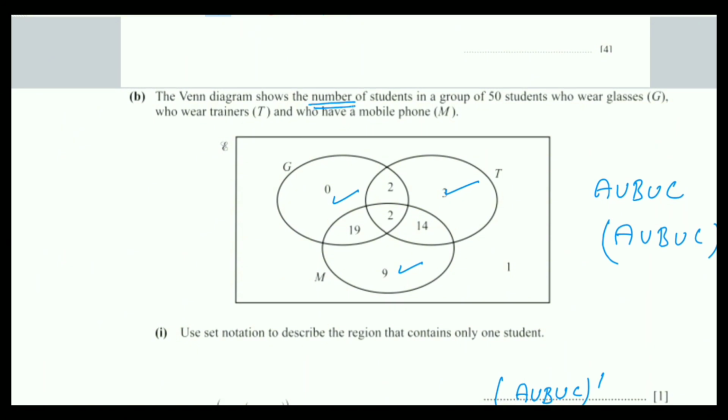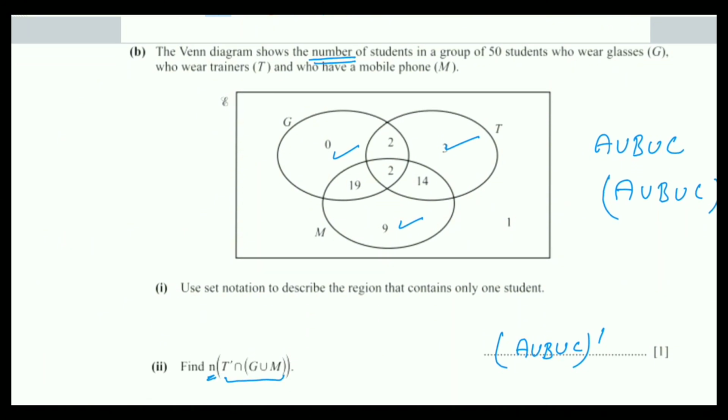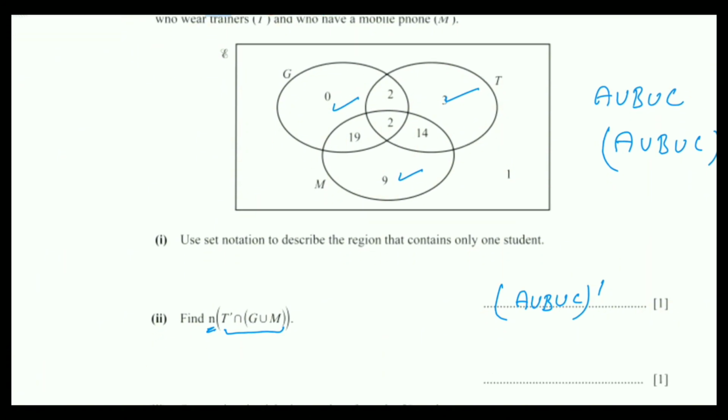If in any Venn diagram the number of students or number of anything is mentioned, and the question is asking to write the numbers of anything, then you have to add those parts. So please remember this difference. If the diagram is based on elements, if the elements of any sets are mentioned in the Venn diagram, then you have to count those elements to write the numbers of the required set.